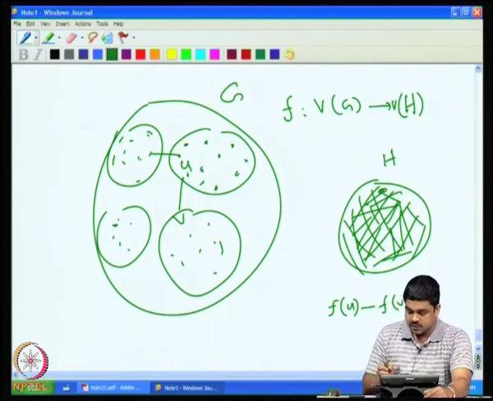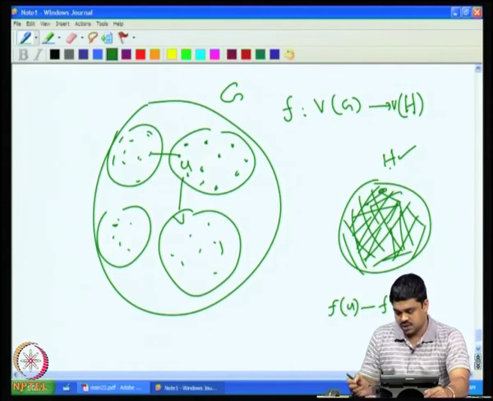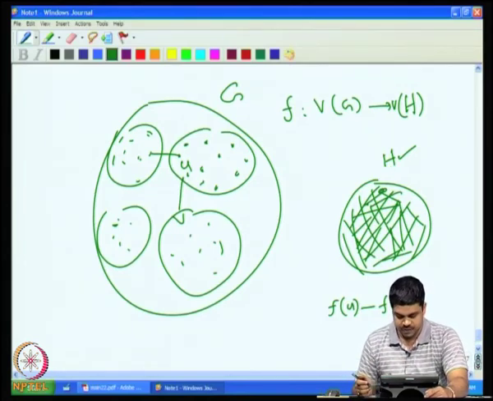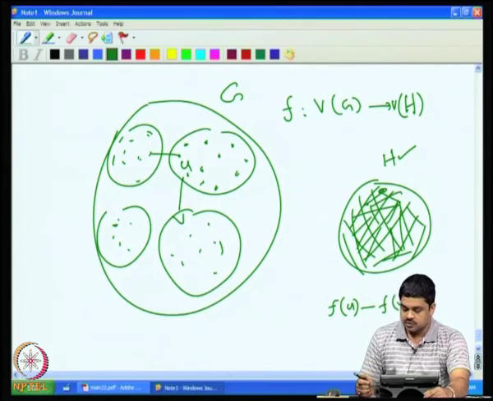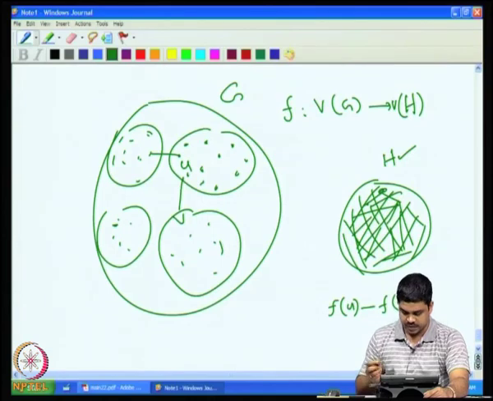Therefore, this will correspond to a coloring. Now suppose H is not a complete graph, it will give a slightly different notion of coloring. That is an interesting kind of generalization which one may want to read up.